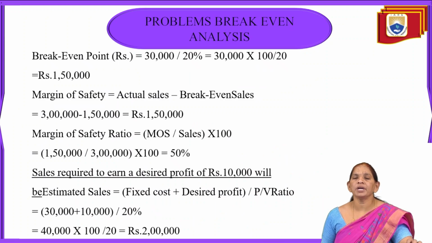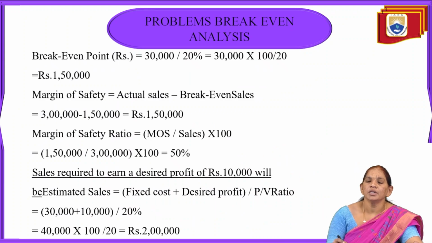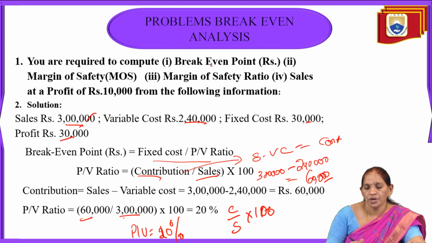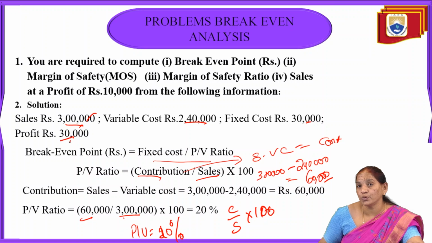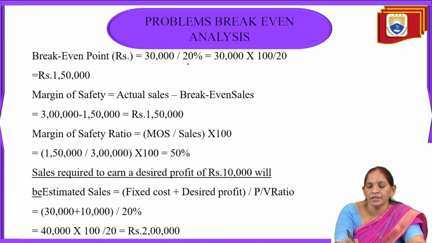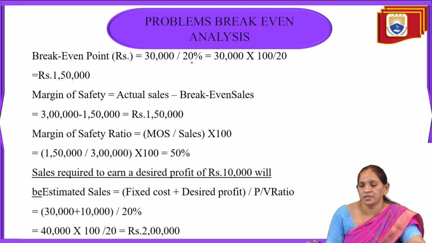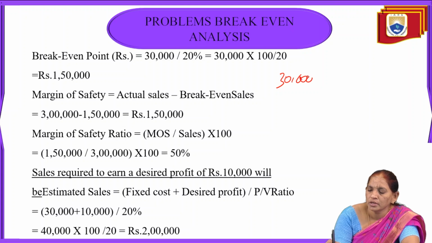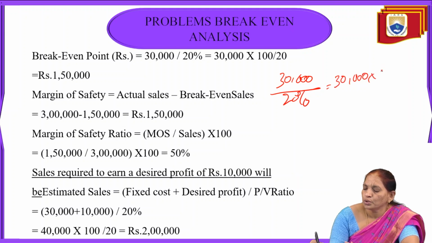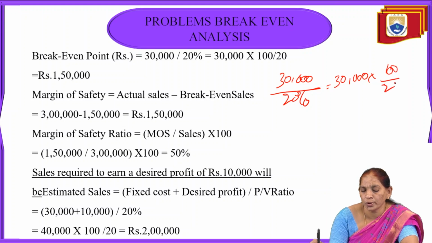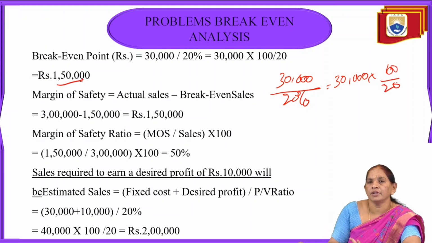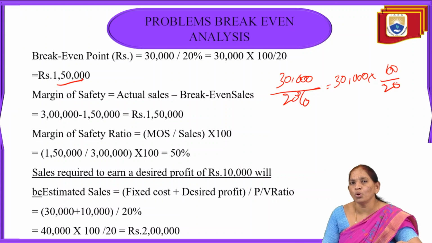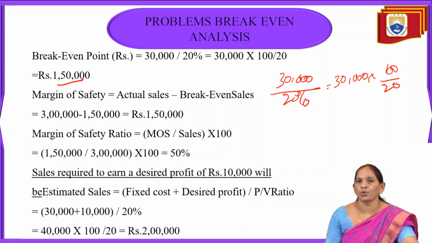Next, to calculate the break-even, as we know, fixed cost by PV ratio, we have the fixed cost of 30,000 rupees. So 30,000 divided by 20%, which means 30,000 into 100 by 20. We get the break-even, that is the no profit and no loss point, of 1,50,000.